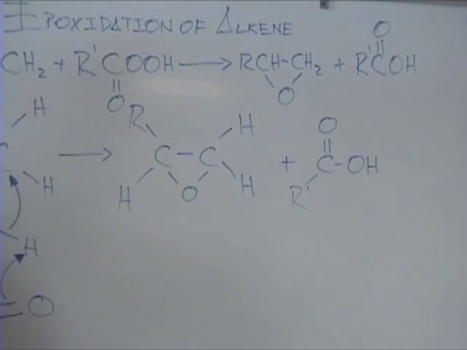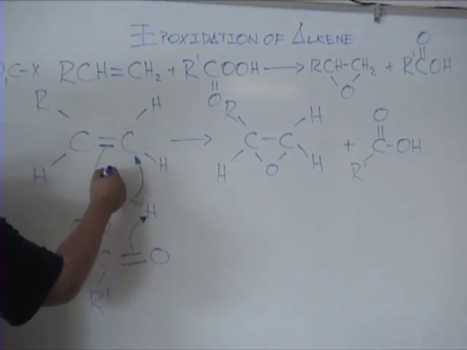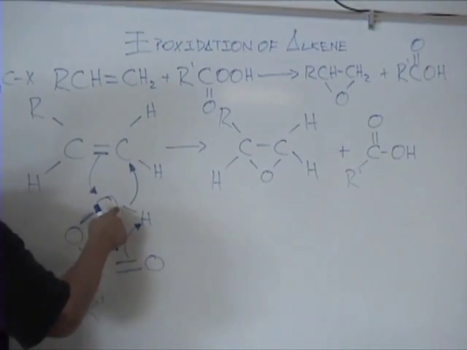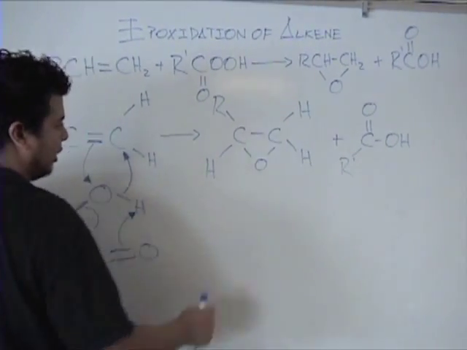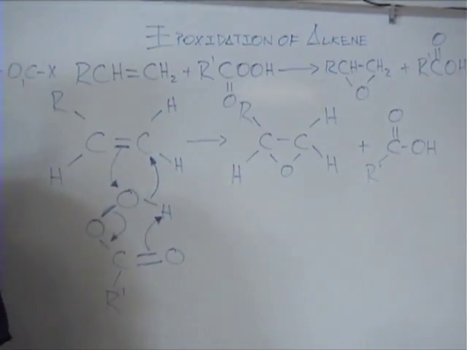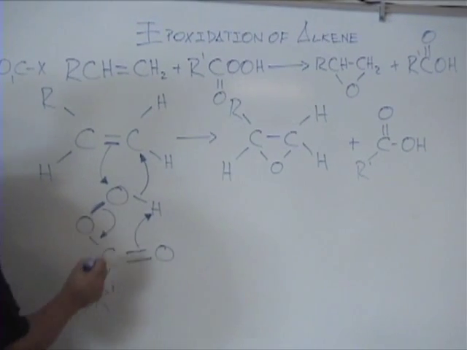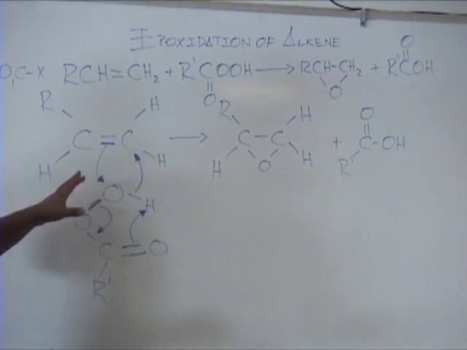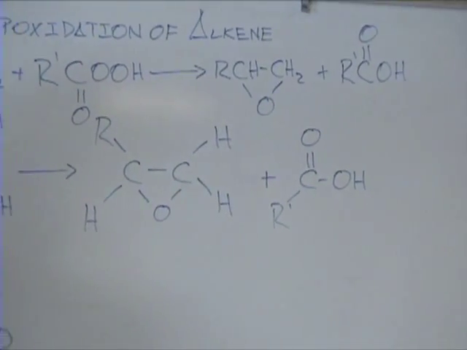So overall, this oxygen picked up the bond from this one right there, and it attacked the carbon, which is this bond that formed right here. You see this R, it goes to R, and the rest is the same. And then this oxygen-oxygen bond is the weak bond that breaks, and it allows us to have two molecules again.